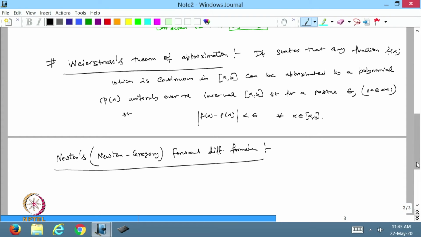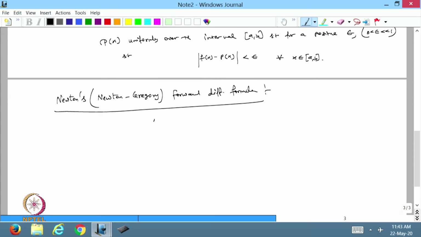So, suppose we have data, and data is given to me in the form of xi coordinates and yi coordinates, i moving from 0, 1, 2 up to n.